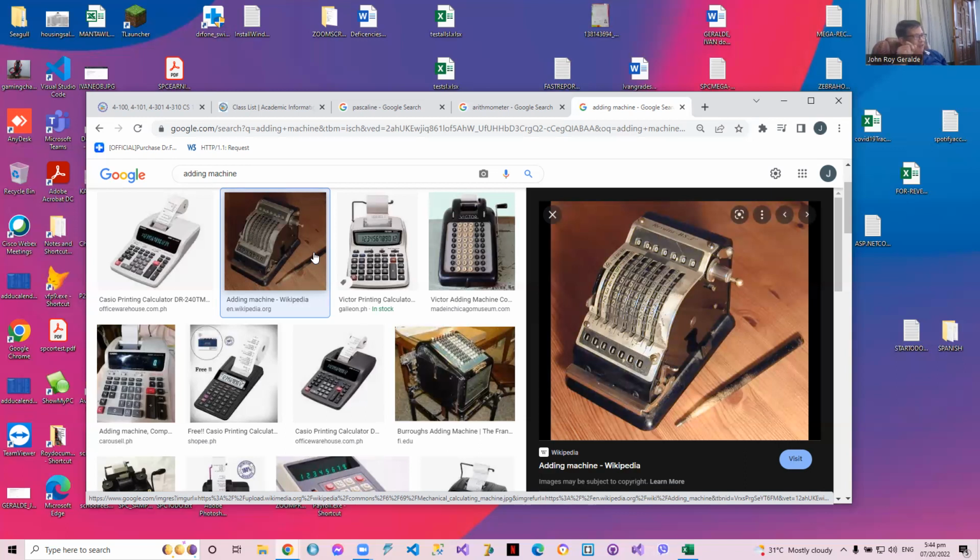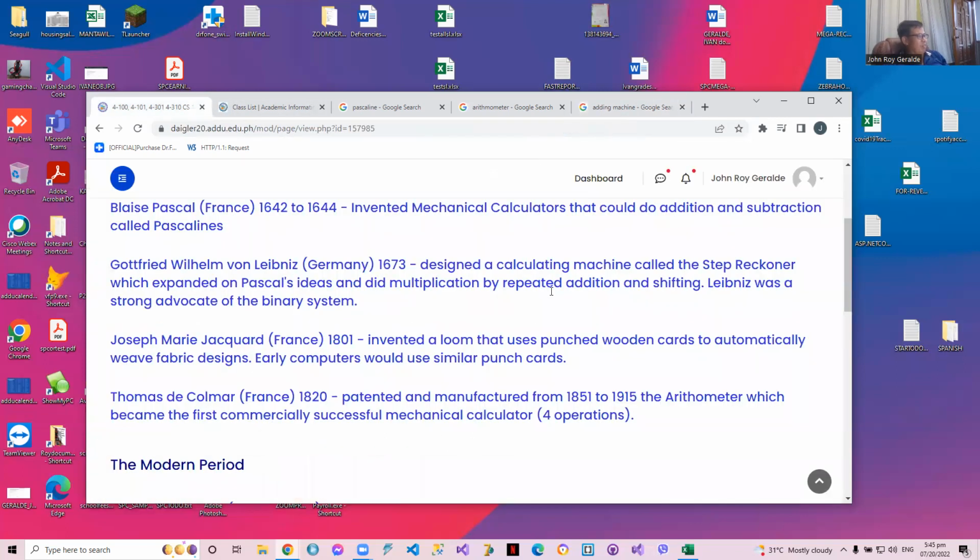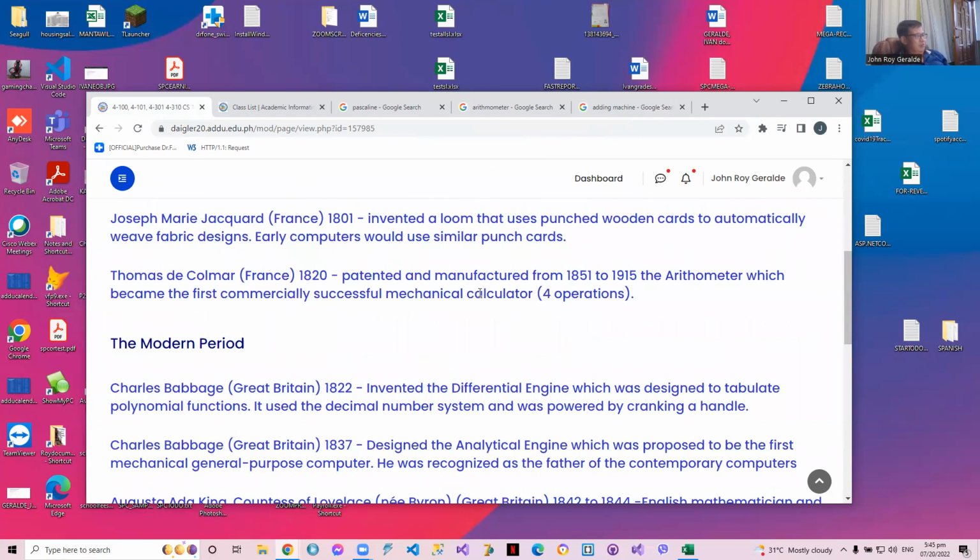They ring every time you press, to tell the user that the result is ready. If there's no ring, then you have to type it again. Any questions? So that's the arithmometer.